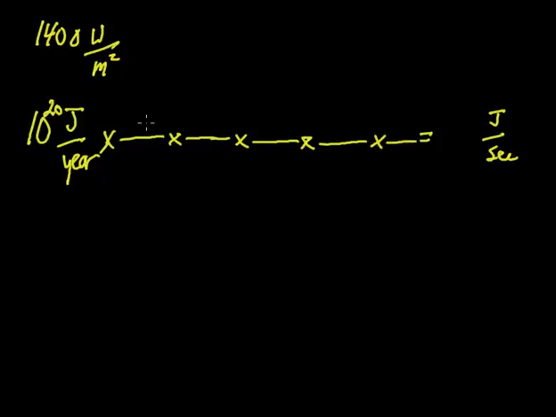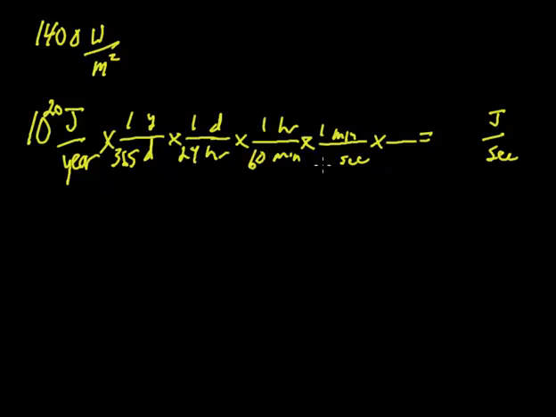Then we get the units: year on the top to cancel year, year to days, days to hours, hours to minutes, minutes to seconds. 1 year is 365 days, 1 day is 24 hours, 1 hour is 60 minutes, 1 minute is 60 seconds.